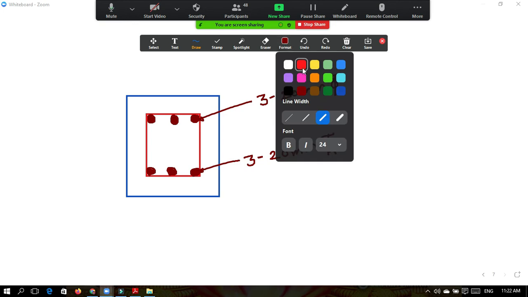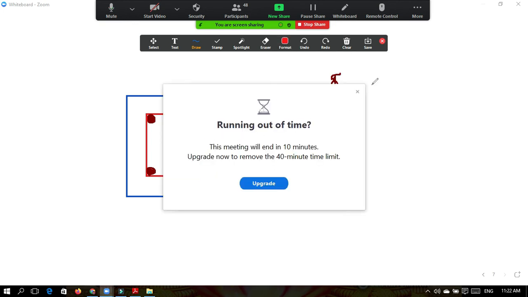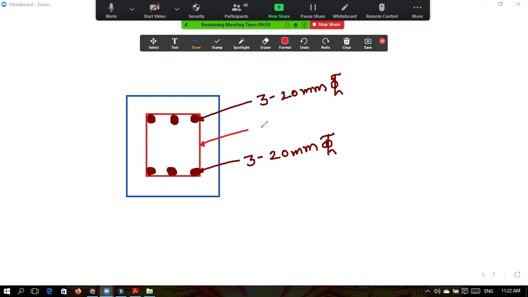And now the spacing: this is a 2-legged stirrup of 8 mm diameter, about 250 mm center to center. So this is the reinforcement details, and here you can show the hook.